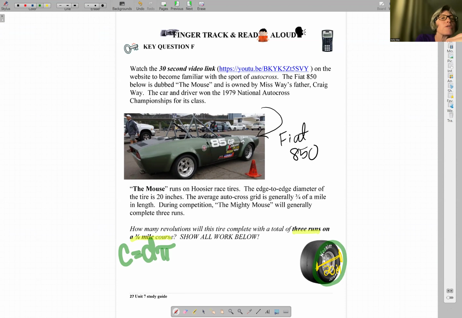You're going to find the circumference of that tire, and keep in mind, it's going to be in inches. Then you're going to calculate how many rotations fit, in inches, in a 3/4 mile course 3 times. That's the start of this problem. Yes, there are conversions involved.